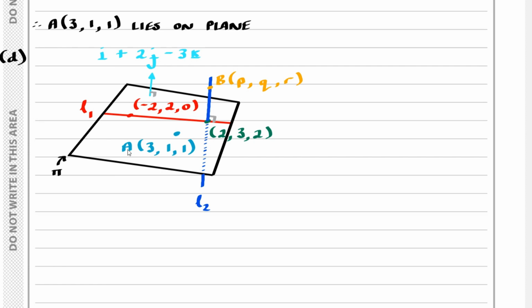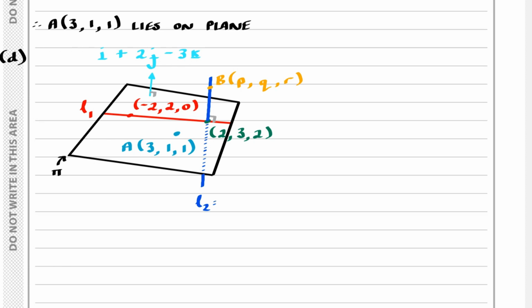We've got the point A, which lies on the plane pi. We've got the line L2, and on L2 we have the coordinates B, p, q and r. The intersection of L2 and the plane pi is given by (2, 3, 2).